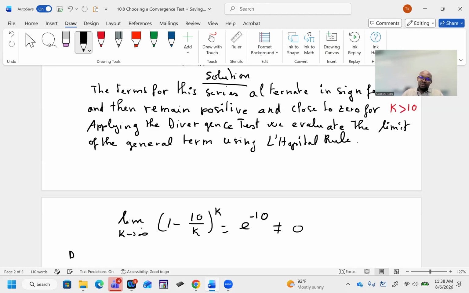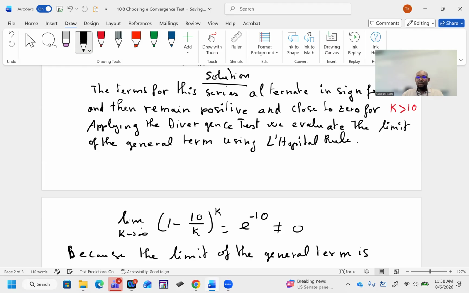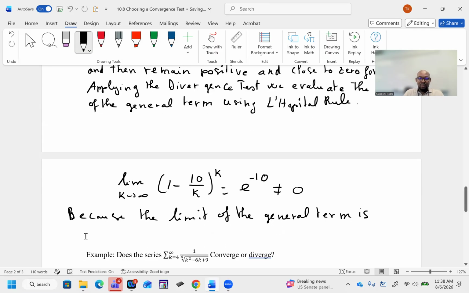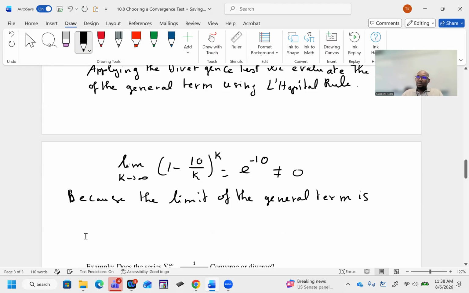So because the limit of the general term is non-zero, we conclude the series diverges.